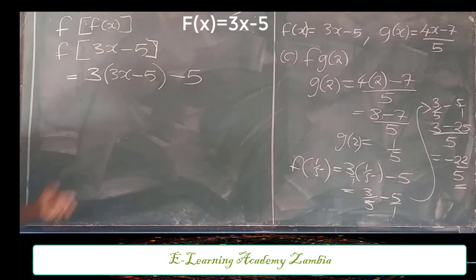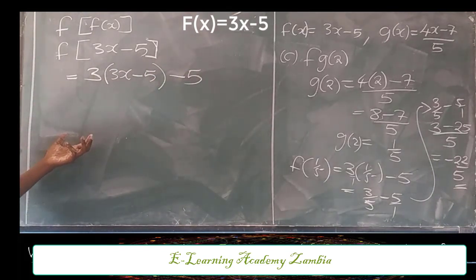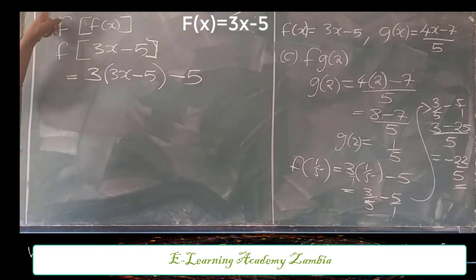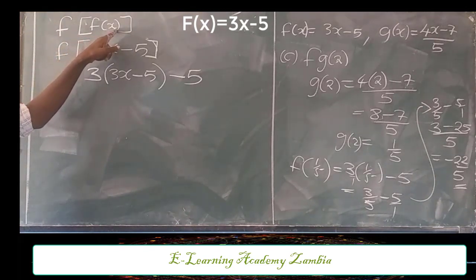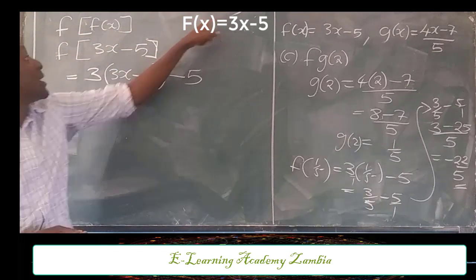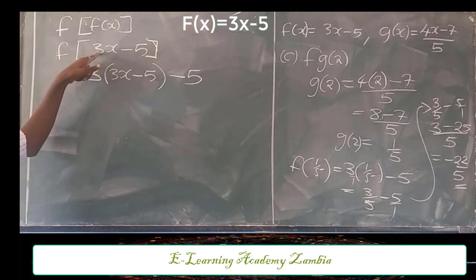Okay, so what we have done is we have combined f with itself. So here we have f of x, which we have written like this. And then f of x, this one is this function here, and this is what we have written in the bracket. Okay?